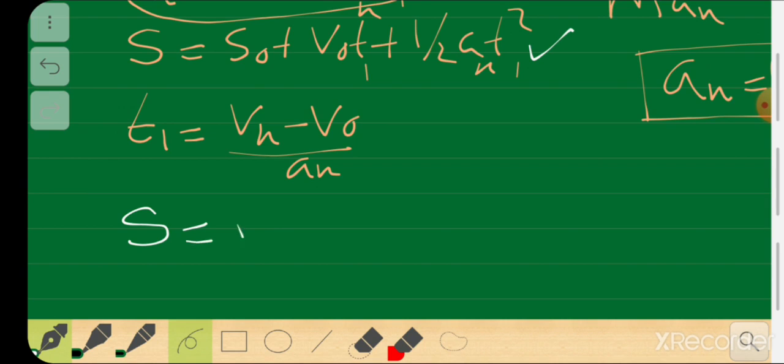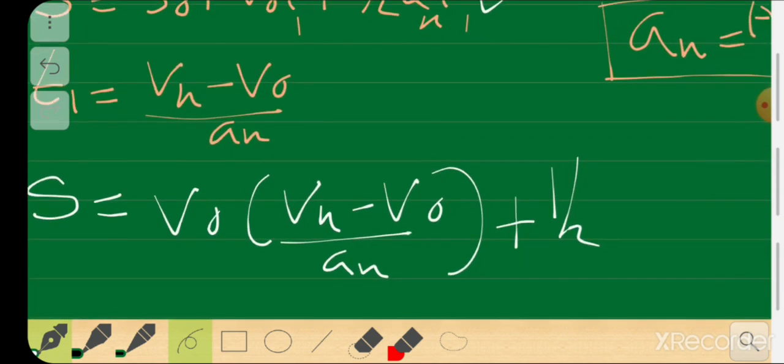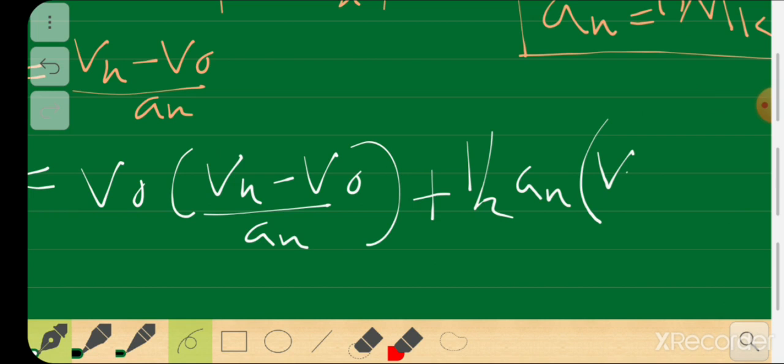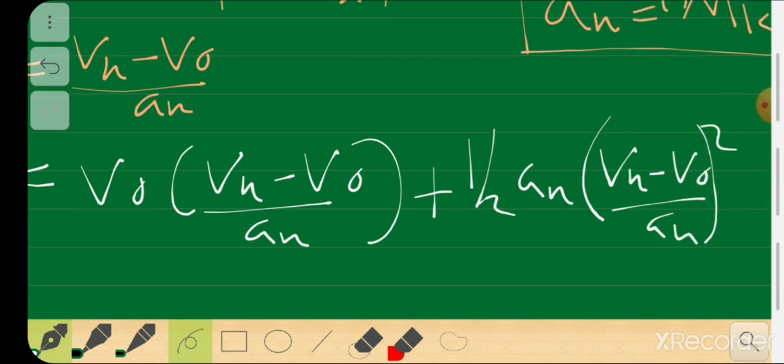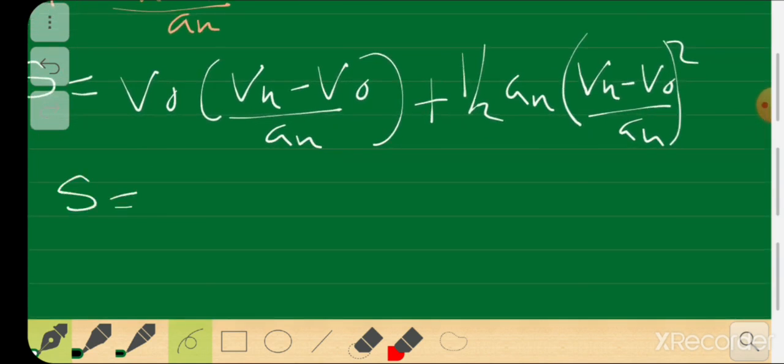So s is equal to v0 times (vx minus v0) by ax, plus half ax times ((vx minus v0) by ax) the whole squared. Now there come some cancellations. So s is equal to some v minus v0, times vx. I'm going to cancel some things.